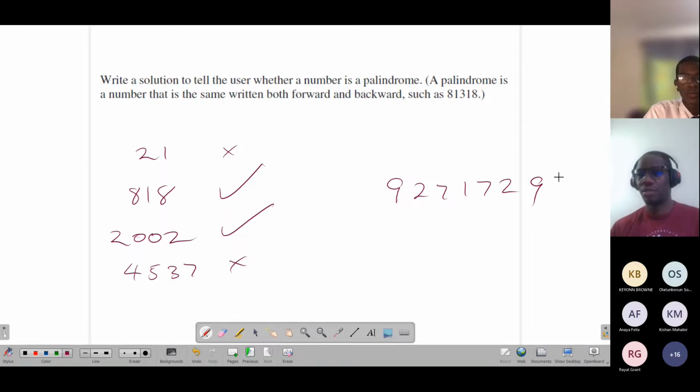How did you work that out in your head? Sir, after I finished writing it, the first one I looked at was the middle number, which was 1. And then I looked at both sides to see if they were reflective, I guess, if they were the same order.